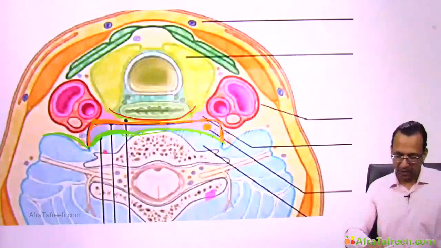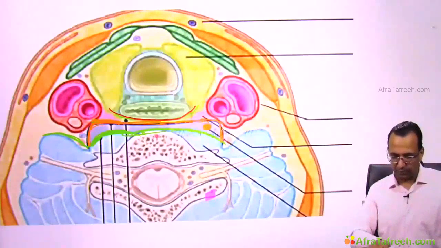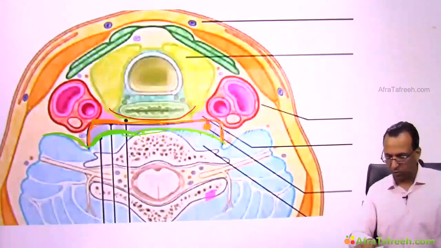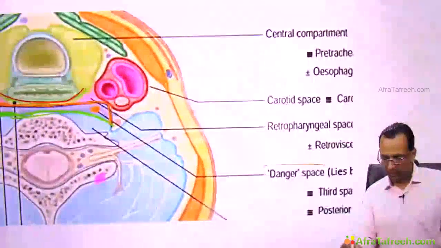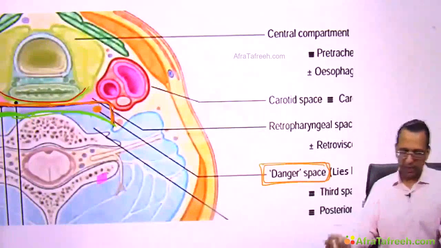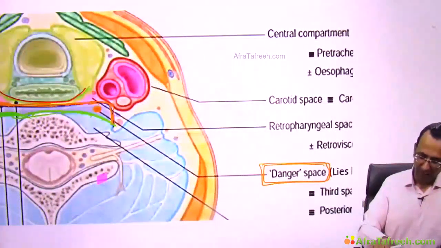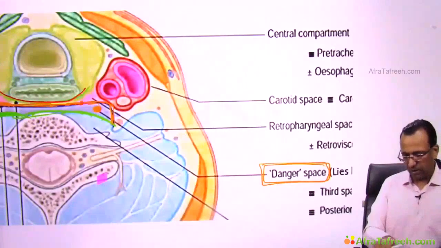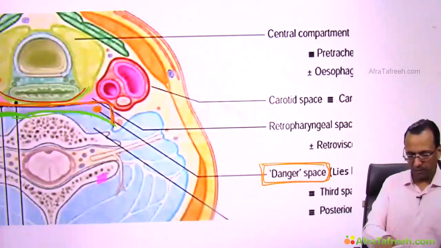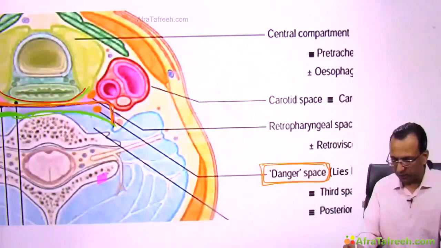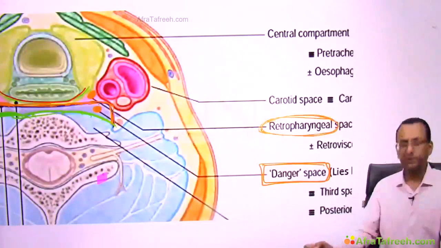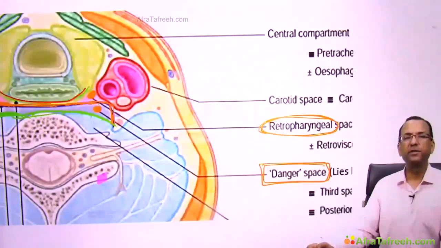It is splitting to form the alar fascia, and the space between the 2 is the danger space. Then in front of that, in front of the alar fascia but behind the buccopharyngeal fascia, is this space. Yes, that space, the retropharyngeal space.